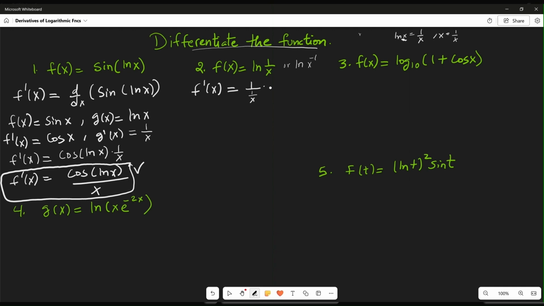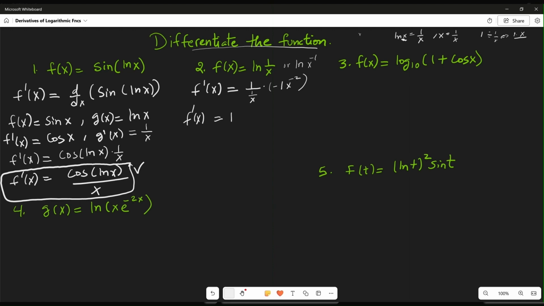Power rule, right? So negative 1, bring the power down in multiplication and subtract 1 from the exponent, it becomes negative 2. So how do you simplify this? This is 1 divided by 1 over x, which is similar to 1 times x.